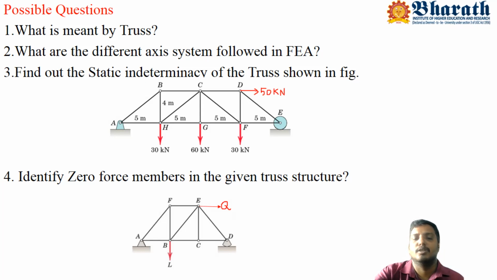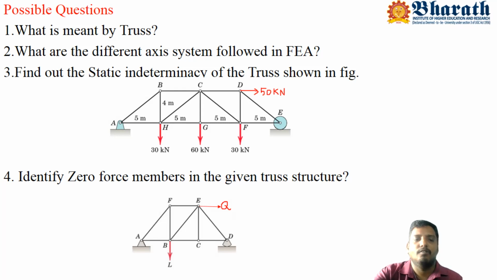It means that an individual element can be referenced with the help of an axis system, and then it is called a local axis system. Maybe the axis is placed at the mid, or maybe at the end of the element. If you place the axis at the mid of the element, whose axis magnitude varies from -1 to 1, then this local coordinate system is also called a natural coordinate axis system.